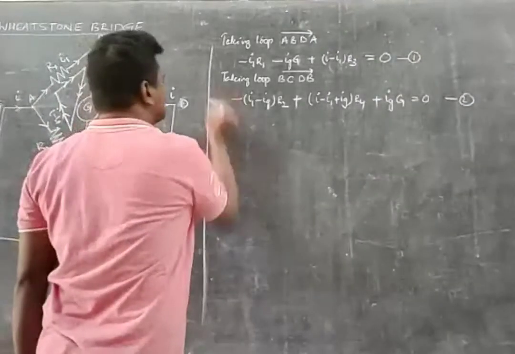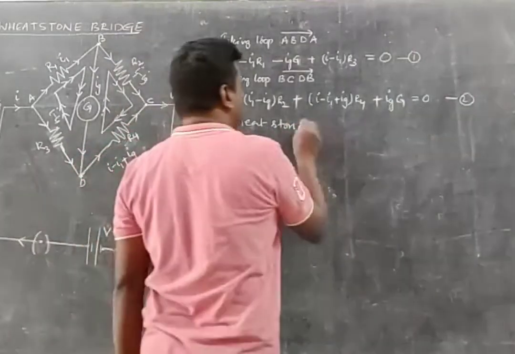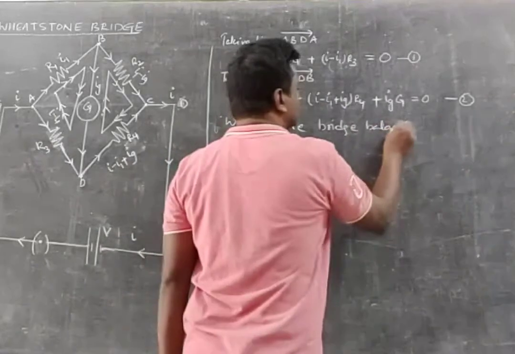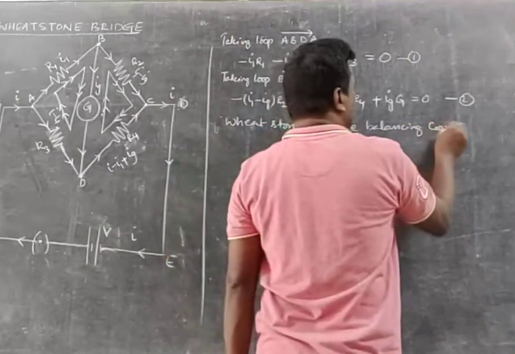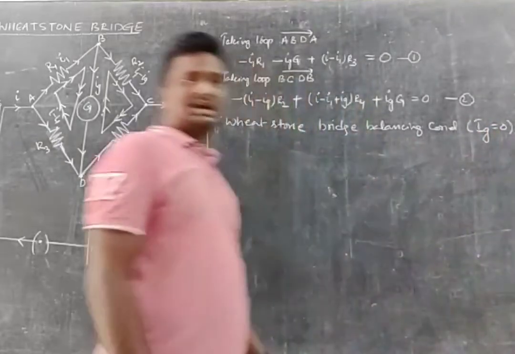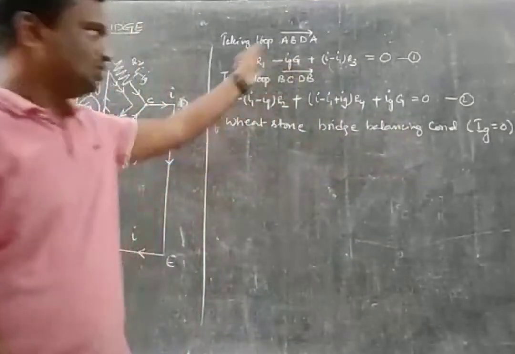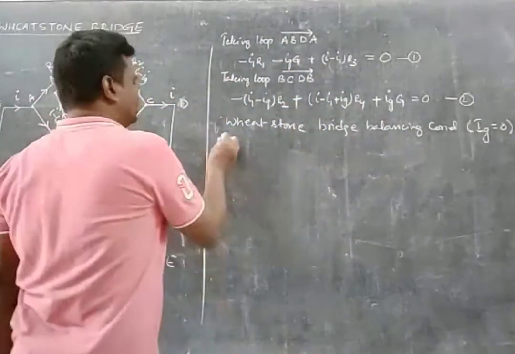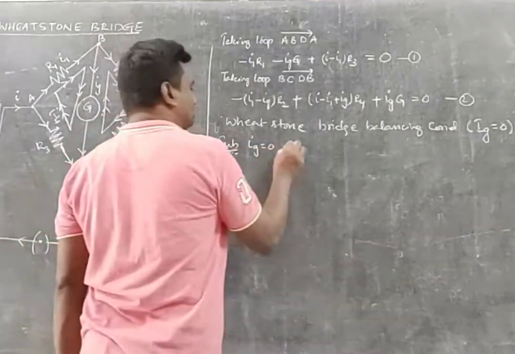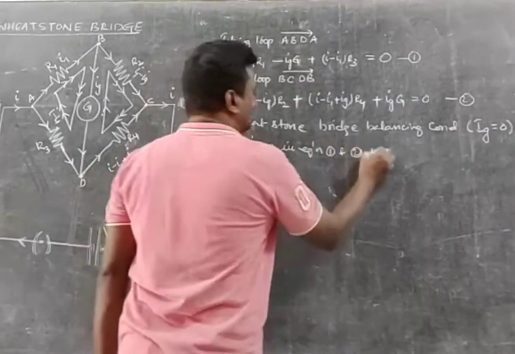So the Wheatstone bridge balancing condition is that the current through the galvanometer is equal to 0. Now substitute Ig equal to 0 in equations 1 and 2.